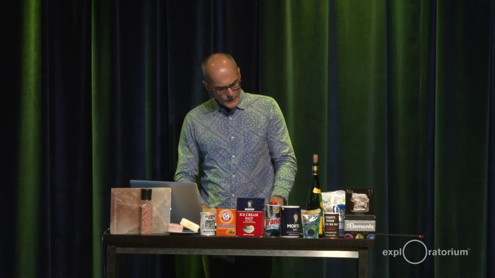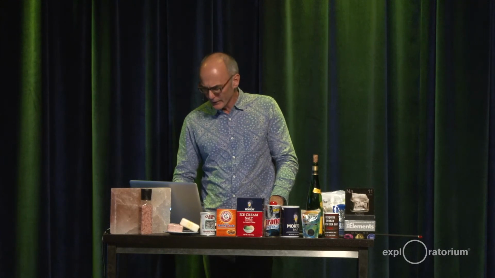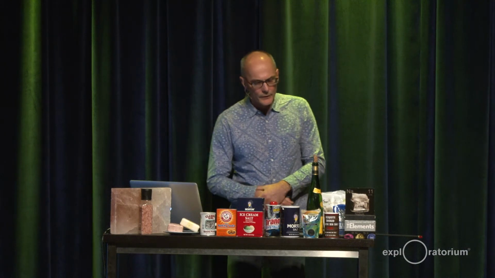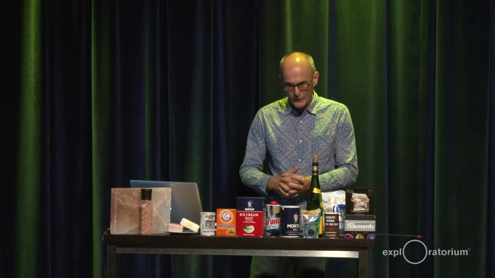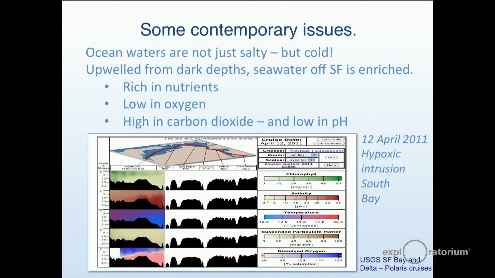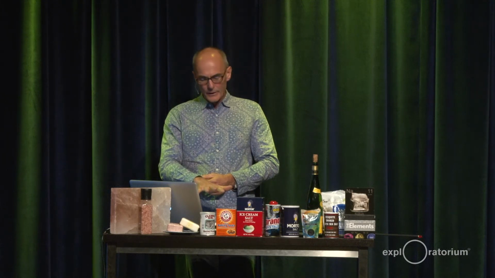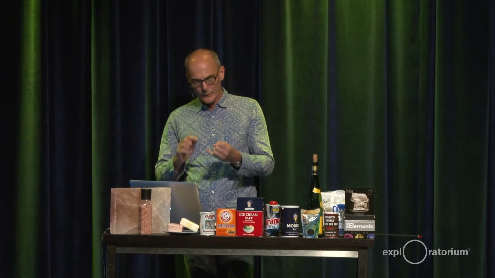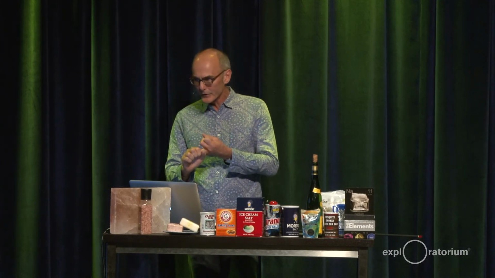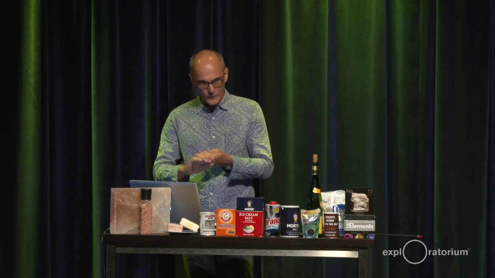So that's sort of the physics, and what the contemporary issues are that we're looking at is that deep, cold, salty water is also very enriched. So you probably all know that the water is cold along the California coast because of upwelling. So the north winds that we have, they pull up water from maybe 1,000 feet, 300 meters, and the water down in the ocean is down dark below the photosynthesis, and it's rich in nutrients, it's low in oxygen, it's rich in carbon dioxide, which makes it low in pH.